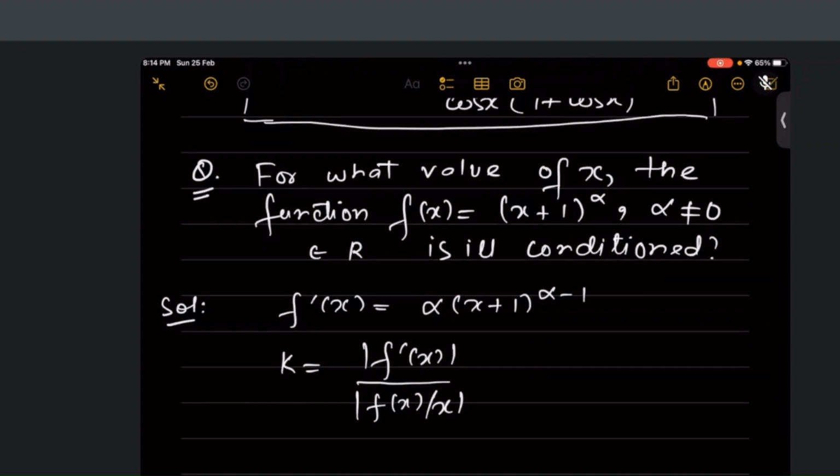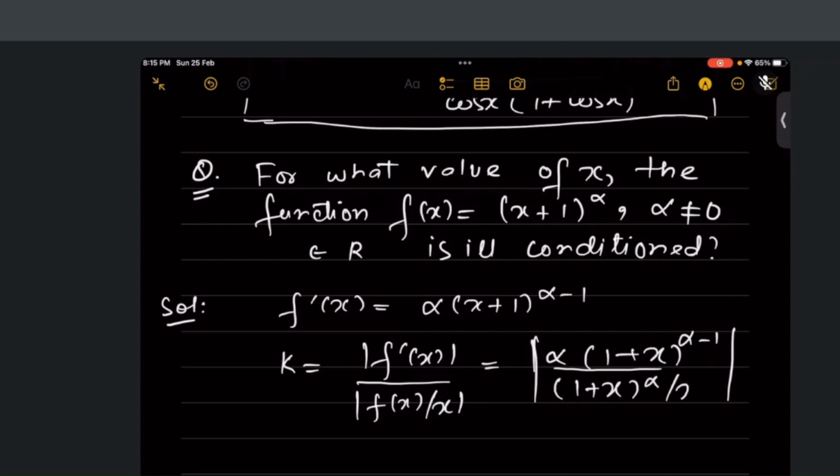So now here we can write it as alpha of 1 plus x to the power alpha minus 1, whole divided by 1 plus x to the power alpha upon x. Here simply you can see this is 1 plus x to the power alpha minus 1, and here it is 1 plus x to the power alpha.